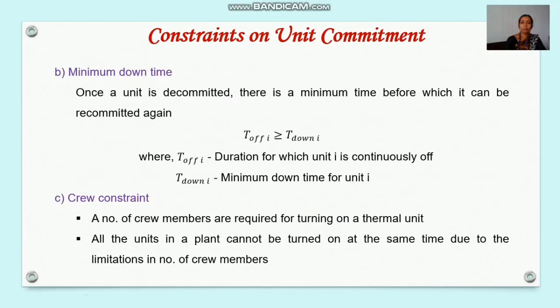So next one is minimum downtime, which is similar to the uptime constraint, but it is regarding the turning off of a unit.